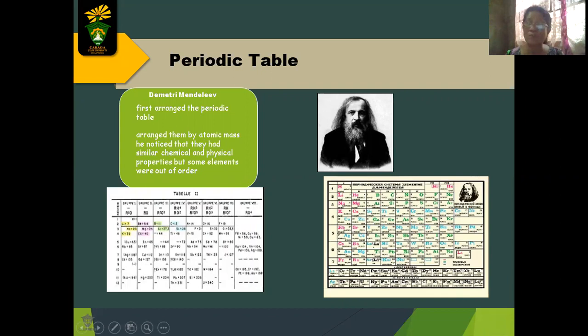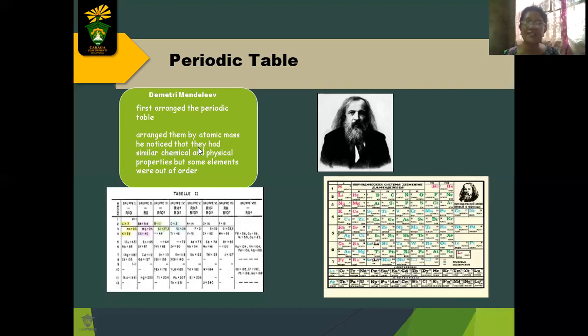You already know atomic mass, the one at the bottom. The atomic number is different from atomic mass. The other term for atomic mass is molecular weight or atomic weight. That is how Mendeleev arranged the elements according to atomic mass.